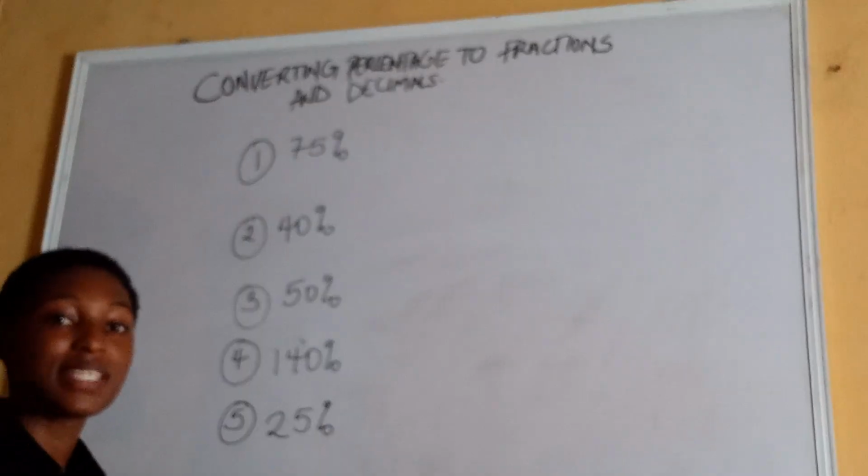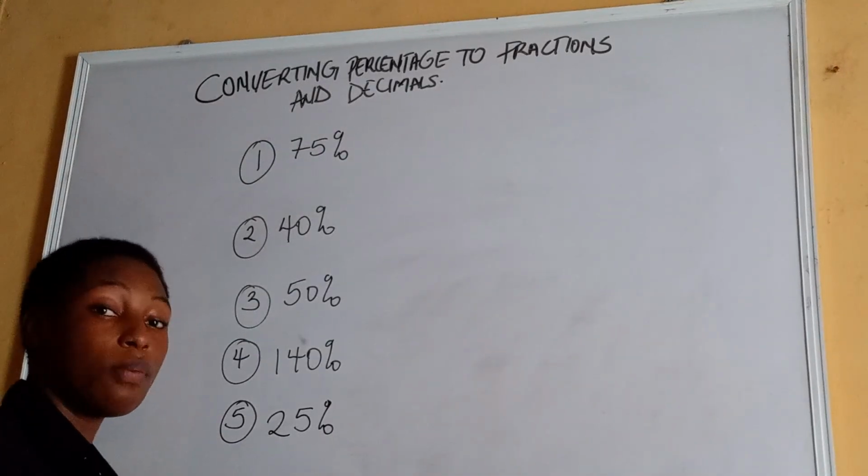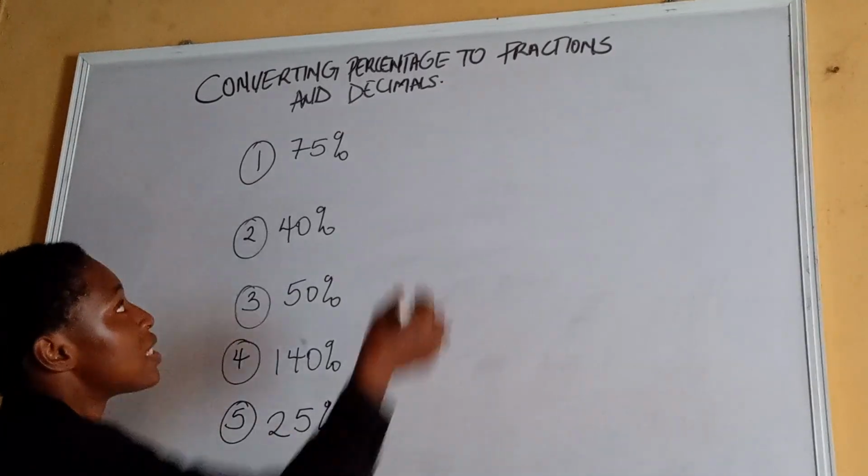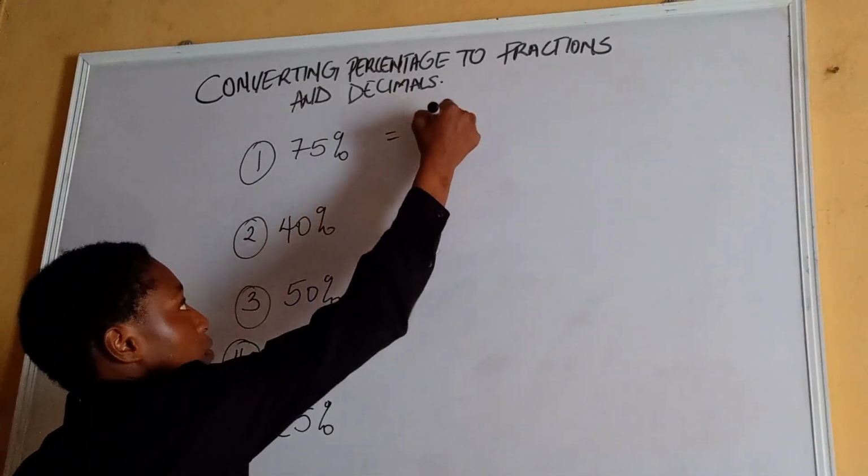Now we already know that percentages are just a number out of 100. That means 75% is the same thing as 75 over 100.